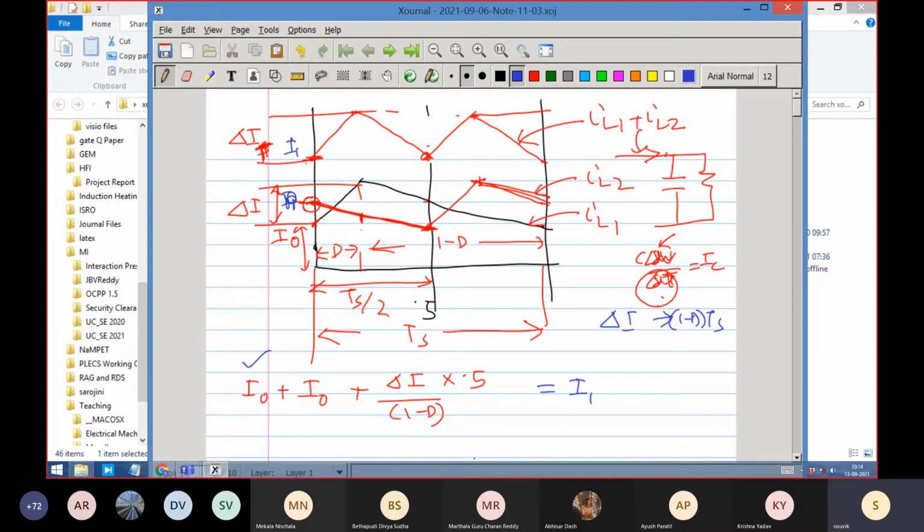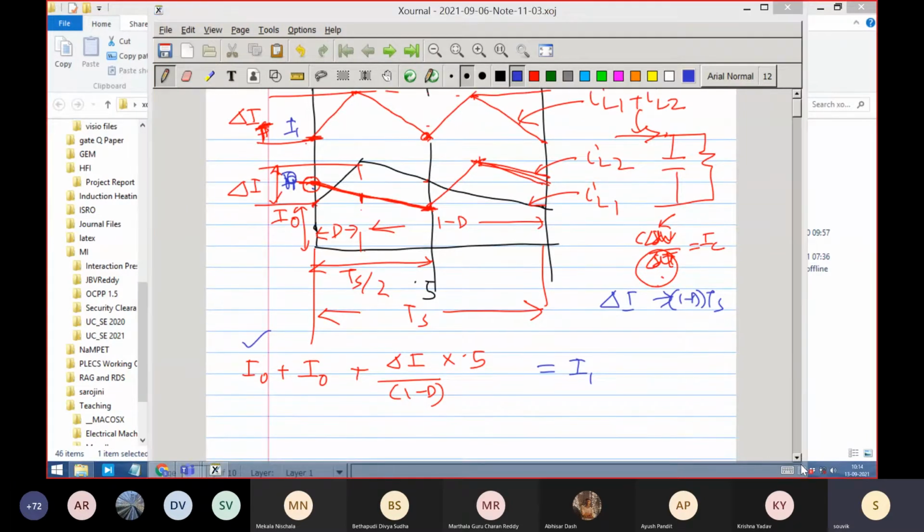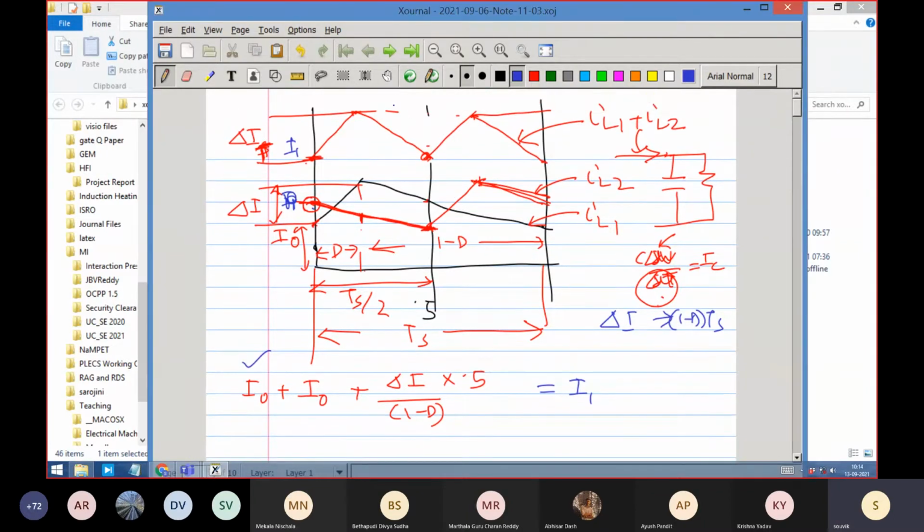That is the slope, right? That is the fall slope. And from here I am back calculating, progressing this way, because I need this value. So this value will be delta I by 1 minus D, and this time is 0.5, and Ts cancel. So that is what I1 is. And I want to know now what would be I2.